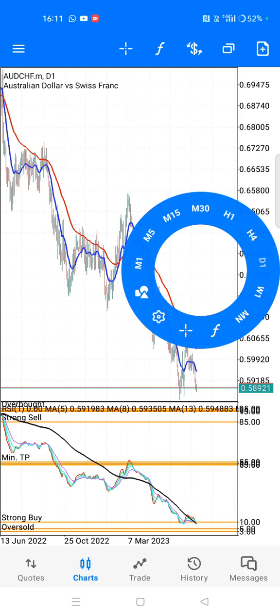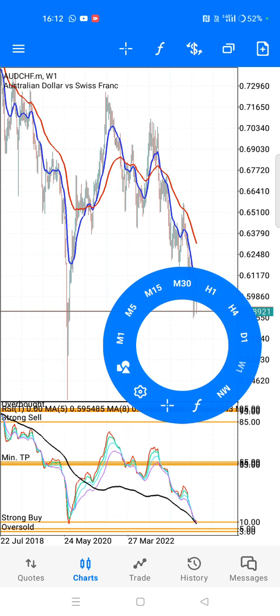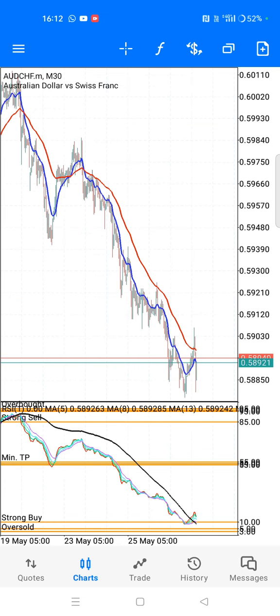That is for daily candlestick, but when it comes to Monday, the beginning of the week, you look at the weekly time frame. This is my recommendation for you to use this strategy when it's on Monday. Look at the weekly time frame, it is still a downtrend. So when you go to M30, just look for sell.